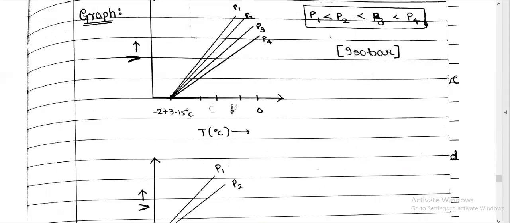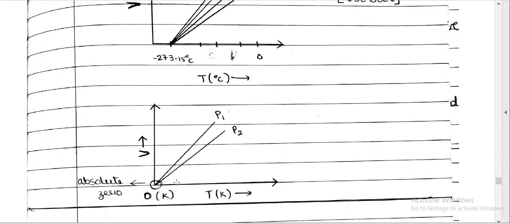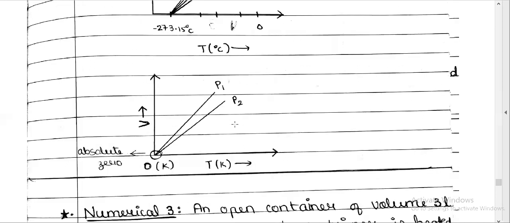So in Kelvin, it will start from 0 Kelvin, and in degree centigrade, it will start from minus 273.